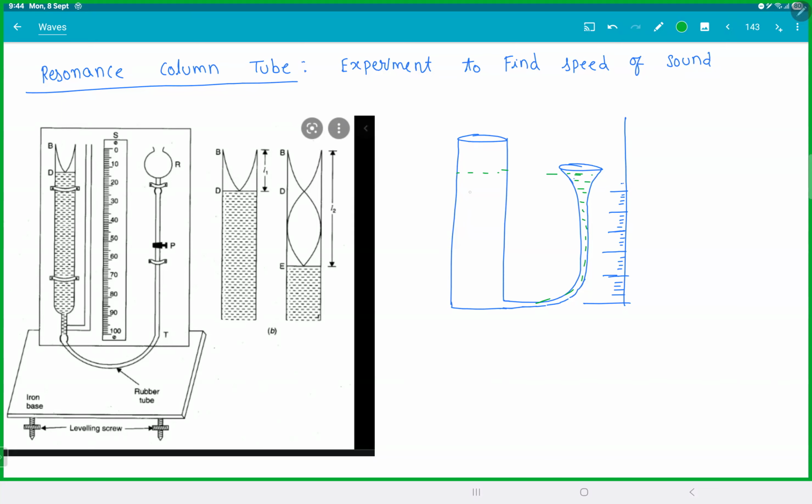This is a movable funnel which can be moved up and down to measure the length of the water column.